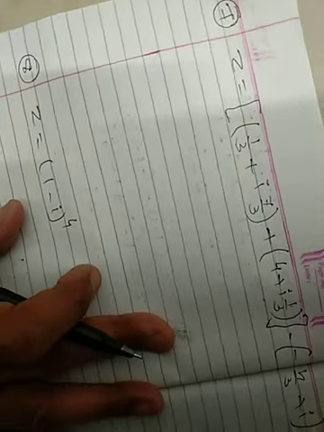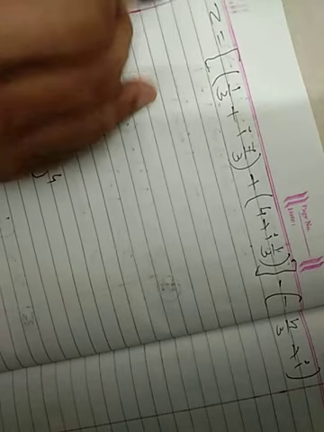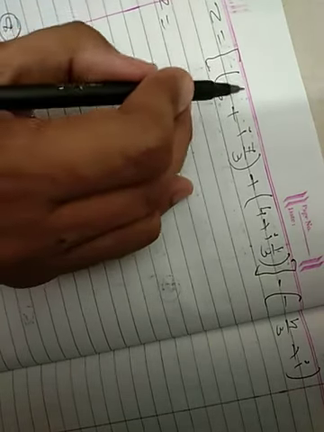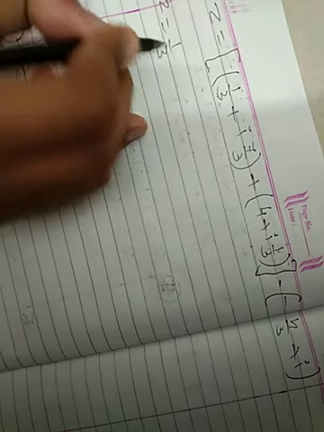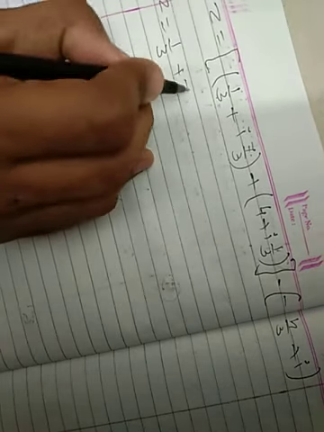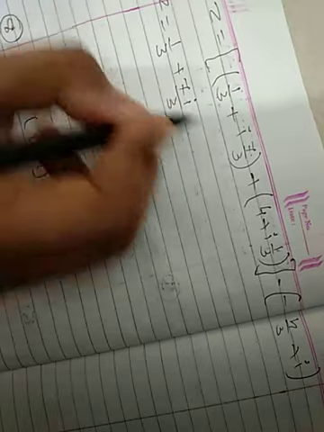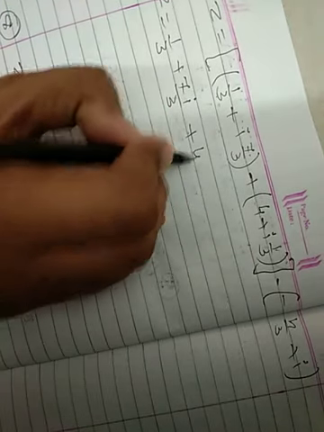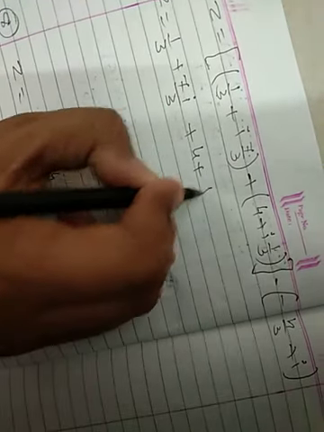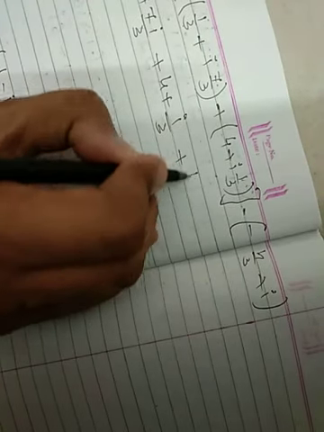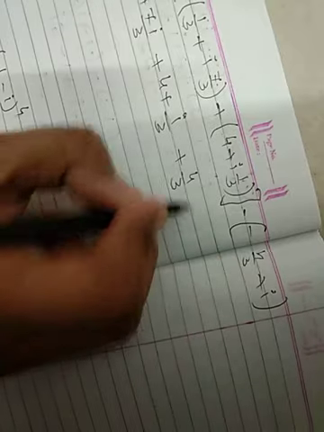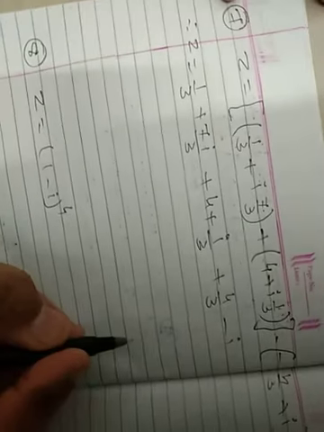Number 7. Again a very simple sum. 1 by 3, open it. 7i plus 4, plus i by 3 minus, plus 4 by 3 minus i. Okay?